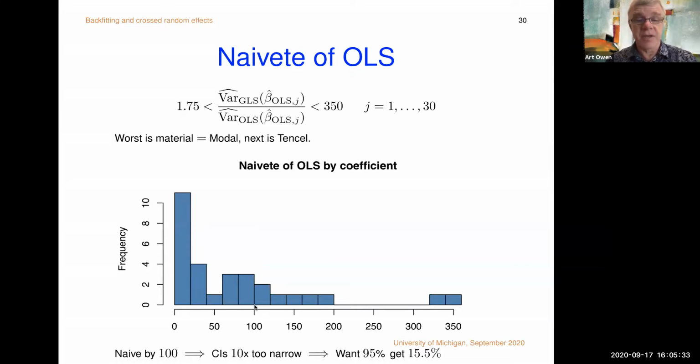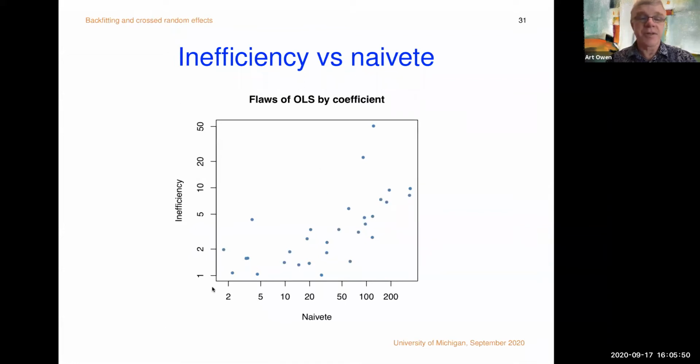If you're naive by 100, that means your confidence interval is 10 times too narrow. So if you want a 95%, maybe you're going to get 15.5% coverage. Ouch. That's not very good uncertainty quantification. And then for fun, on this axis, we have how naive OLS is. On this axis, we have how inefficient OLS is. And there tends to be a positive association. The things that make you naive make you inefficient.